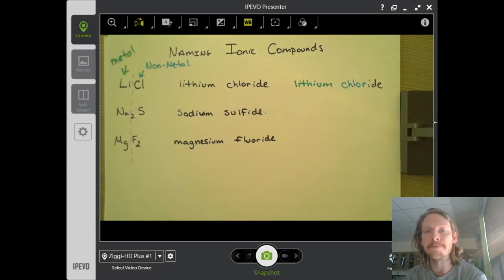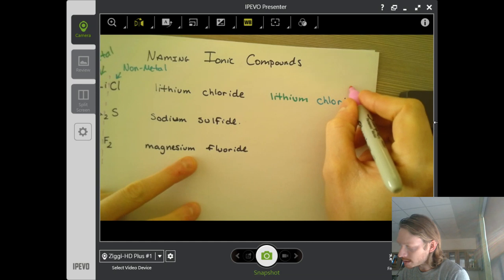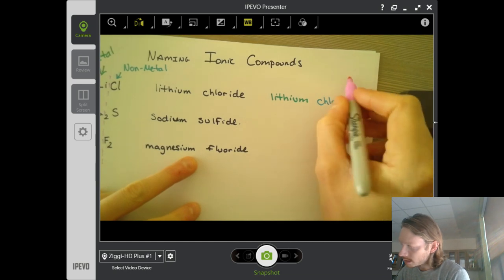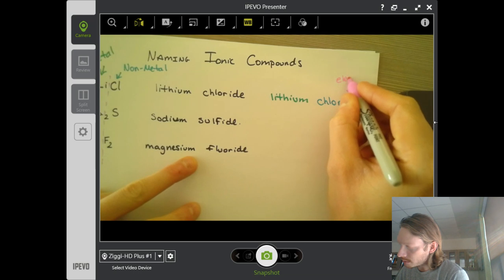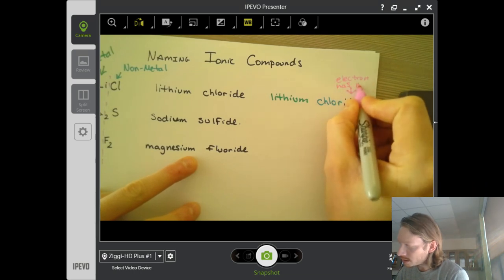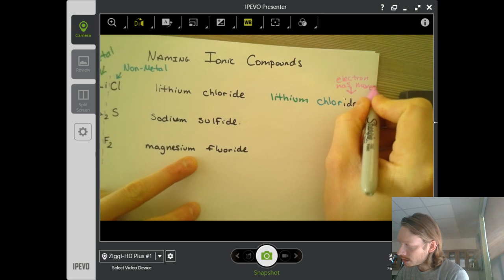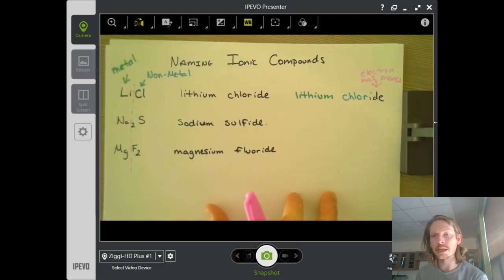All this means, this 'ide', we can think of as an electron has moved. We'll see this with the sharing in the molecular compounds, and we'll see it here as well.